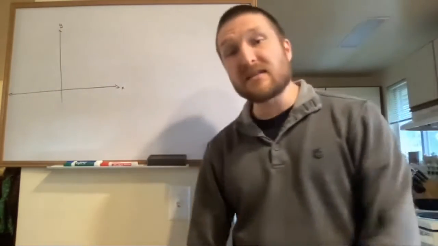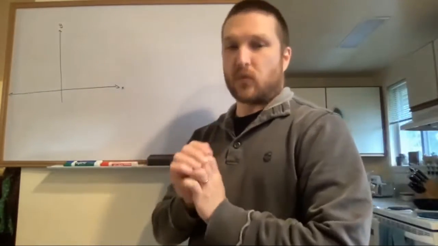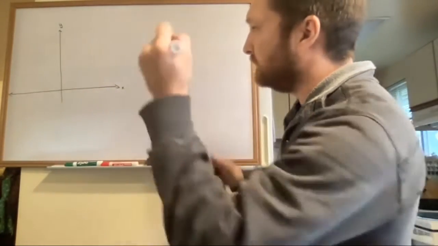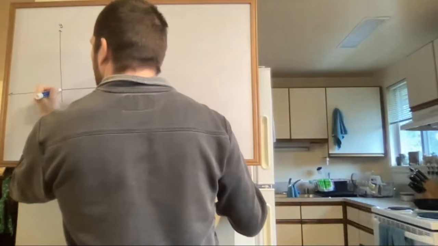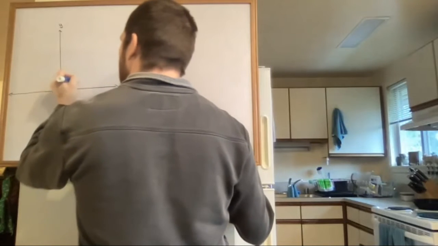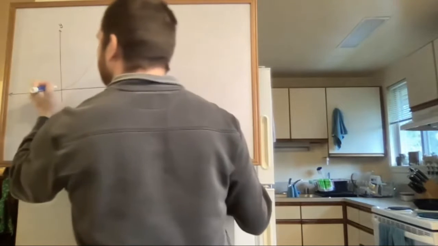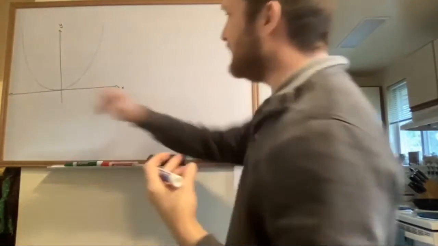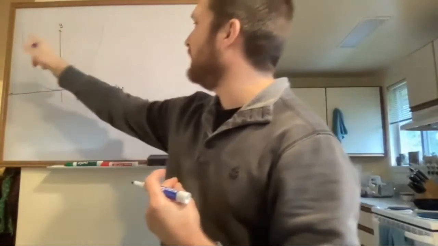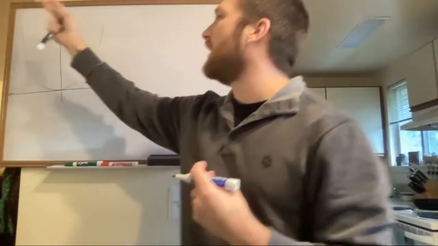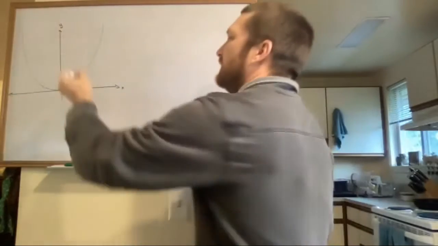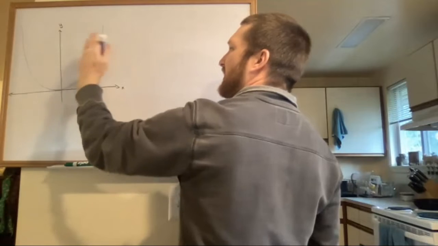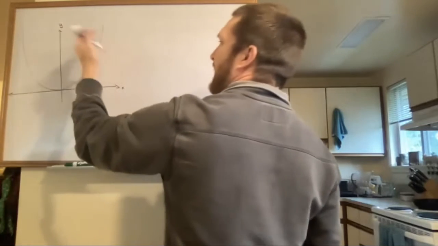So let's take a look at x squared. So x squared looks like this. It's a cup. It's symmetric about the y-axis. That is, if you took a mirror and placed it right here on the y-axis, this is a mirror image of that.